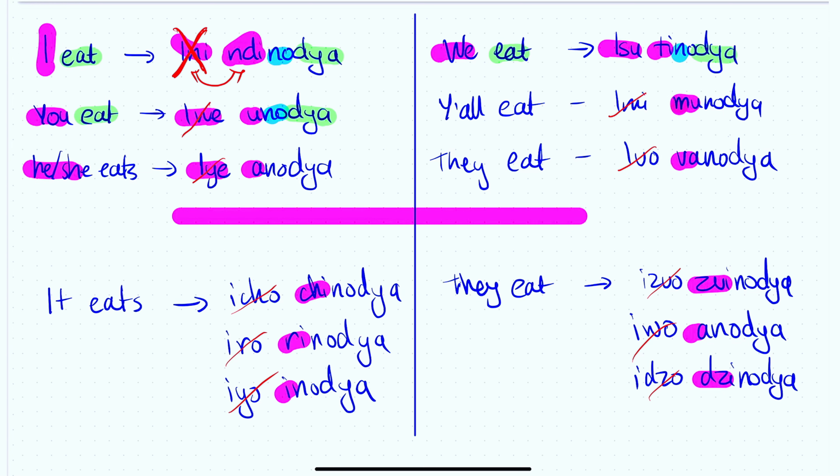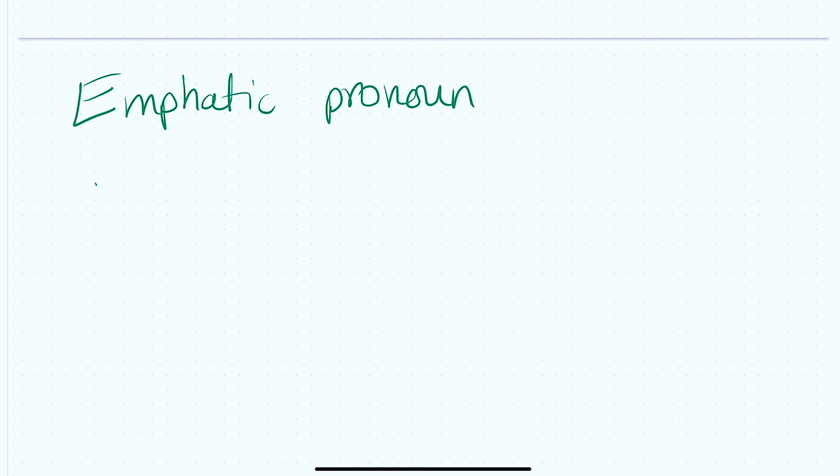There's also a pronoun related to the absolute pronouns, which is basically the emphatic pronoun. And all this one does is it reduplicates part of the absolute pronoun in order to show emphasis.